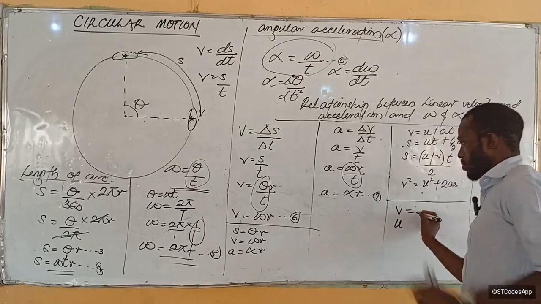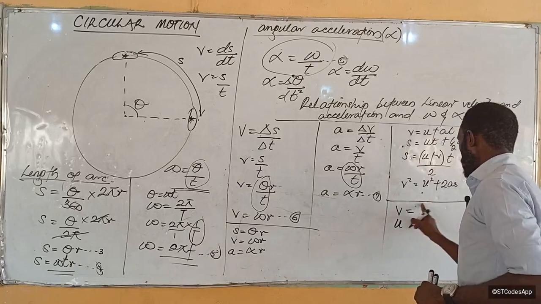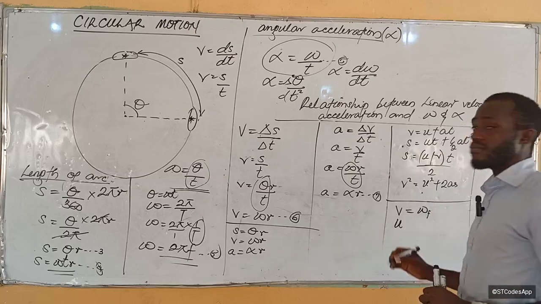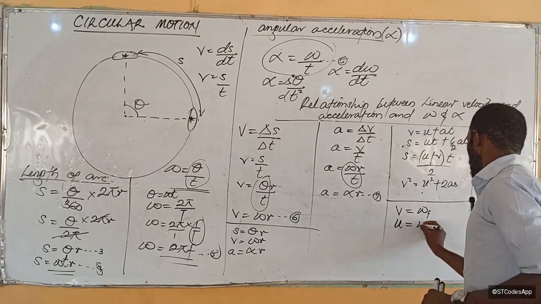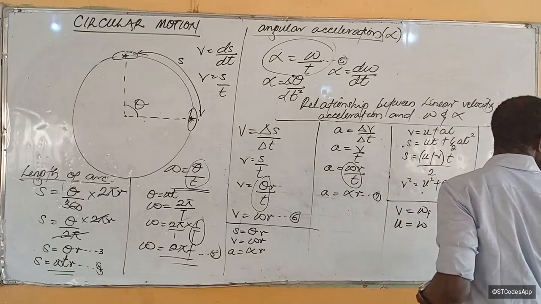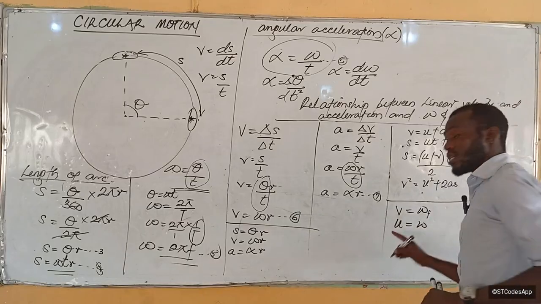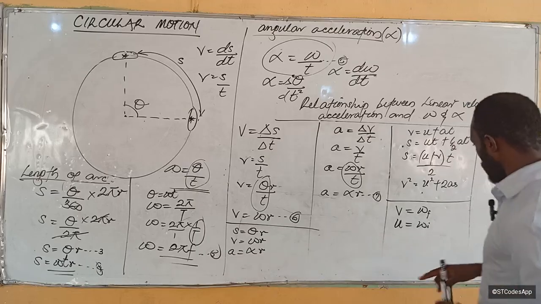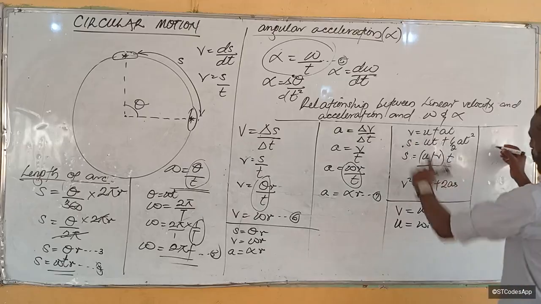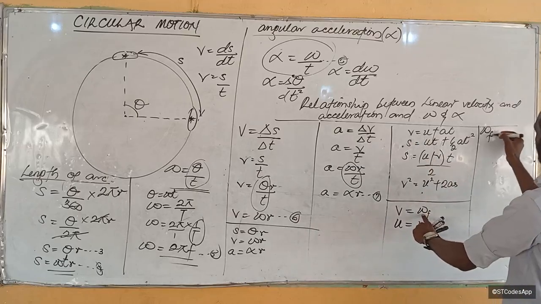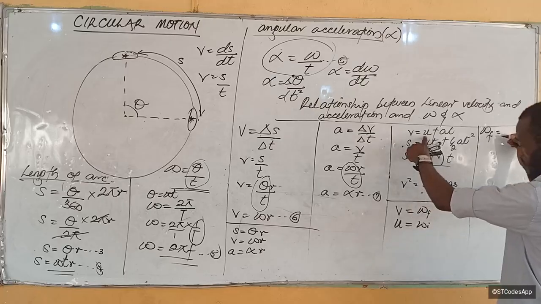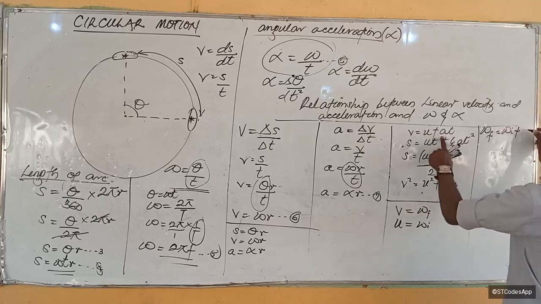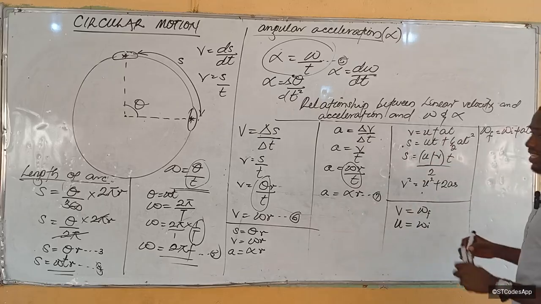For circular motion, v, which is final velocity, will be omega F. Let's put omega F as final, and u, which is initial velocity, will be omega I. Okay, so in that case, my formula now becomes omega F is equal to initial velocity, which is omega I, plus at. Is it clear?